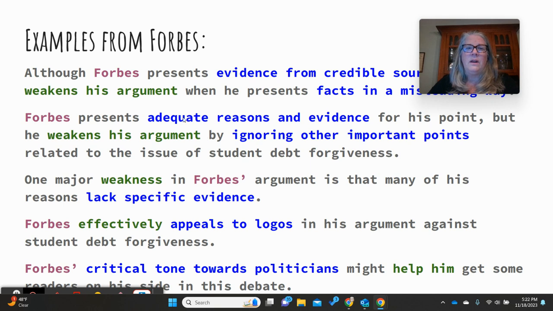So we have adequate, but specific. That's going back to that lesson a couple of videos ago where we started looking at what makes for good evidence. Forbes effectively appeals to logos in his argument against student debt forgiveness. Forbes' critical tone towards politicians might help him get some readers on his side in this debate. So a little variation in the wording there, but it's still doing the same thing.